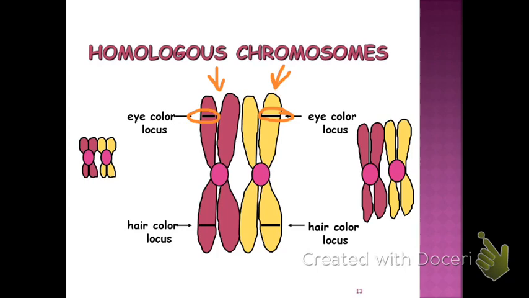Notice that this is at the same spot on both of the homologous chromosomes. In addition, if you look here, the bottom, they also have the gene for hair color. Again, this is in the same position on both of the chromosomes, okay? These are not going to be identical. They're going to be slightly different, but they still code for the same basic traits.